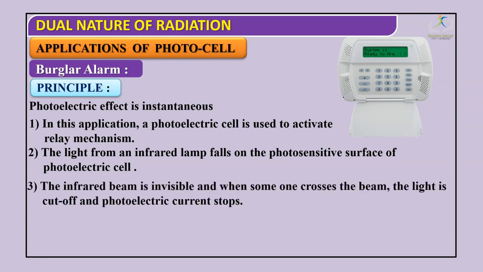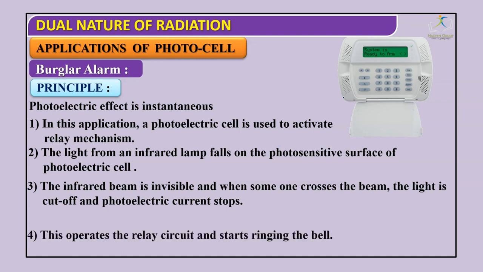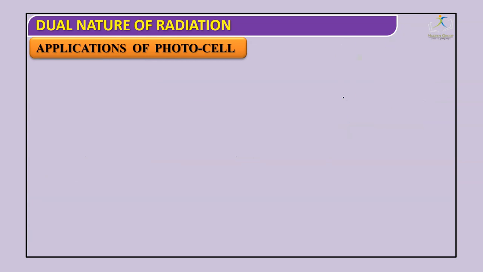The infrared beam is invisible, and when someone crosses the beam, the light is cut off and the photoelectric current is stopped. This operates the relay circuit and starts ringing the bell.